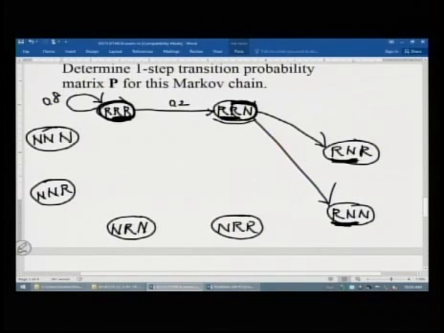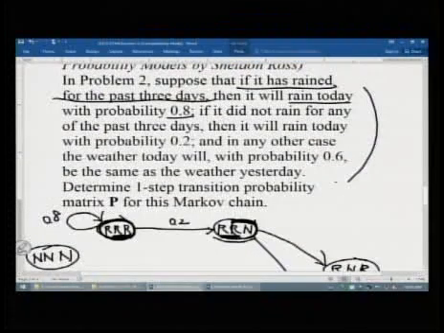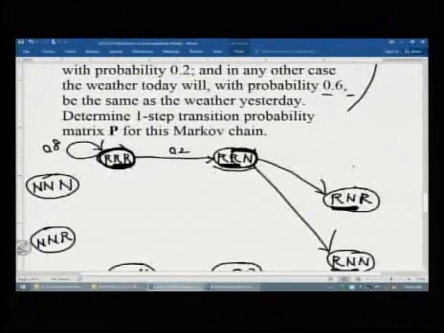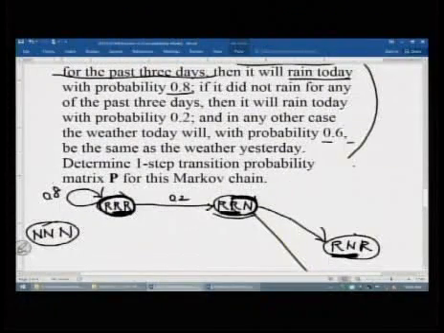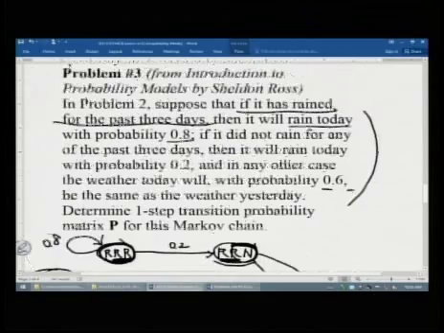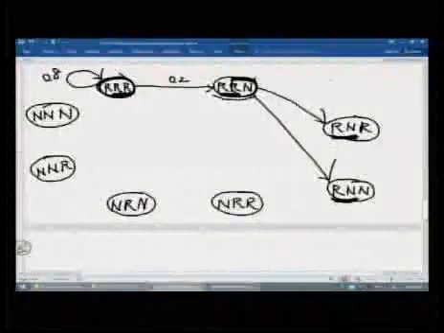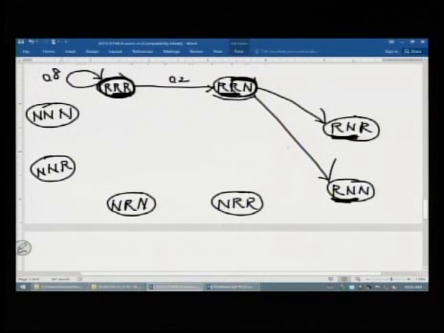What is this? It does say in any other case the weather today will be rain with probability 0.6, 60%. So rain today. So we're going to have 60% down here, right? Which means this got to be only 40%.